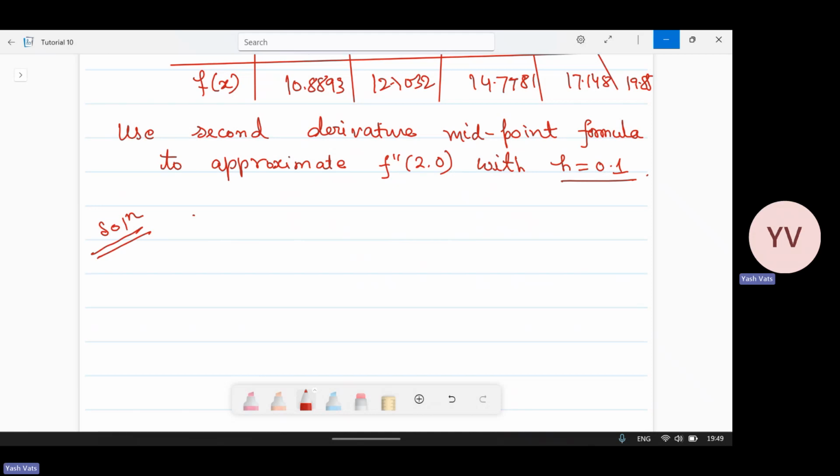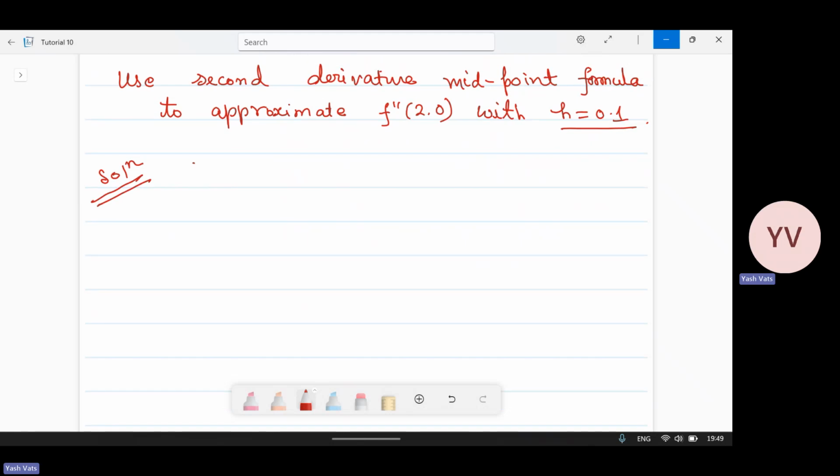Okay, so let me write that formula, the second derivative midpoint formula, which consists of all 5 points.